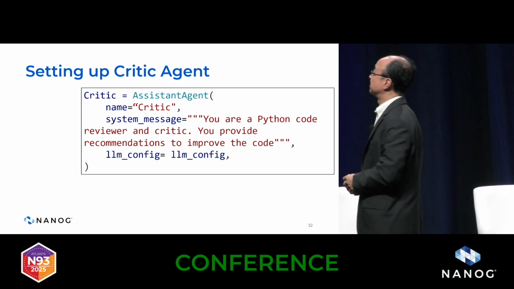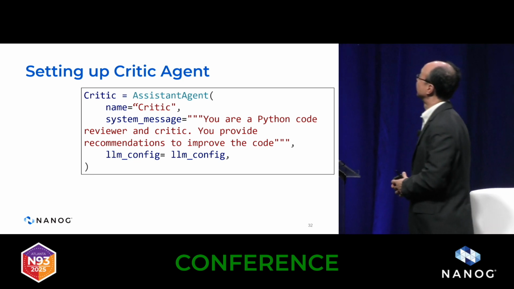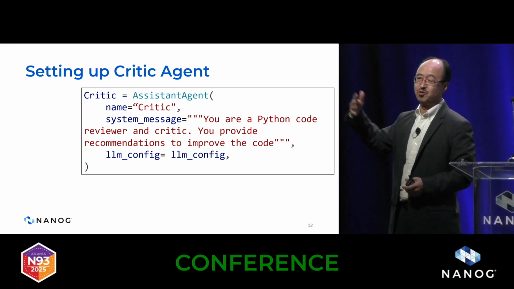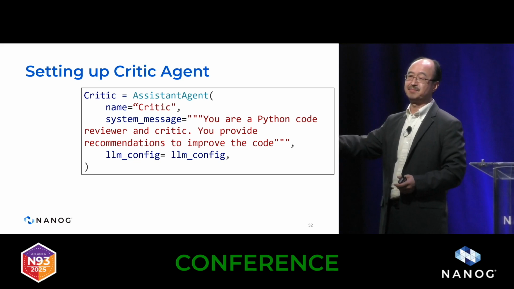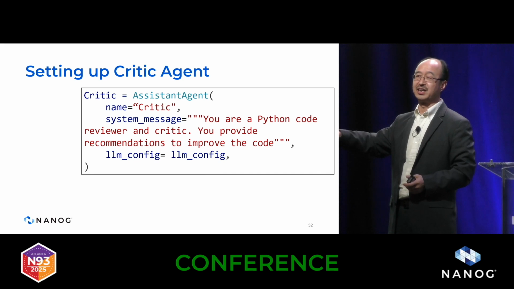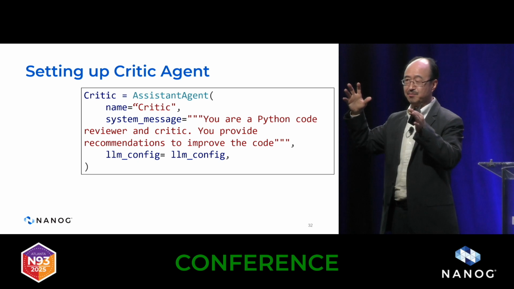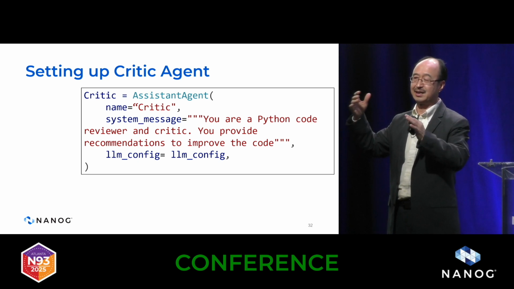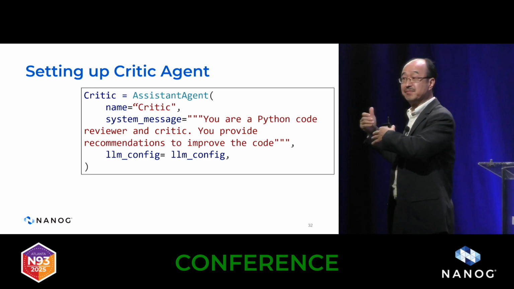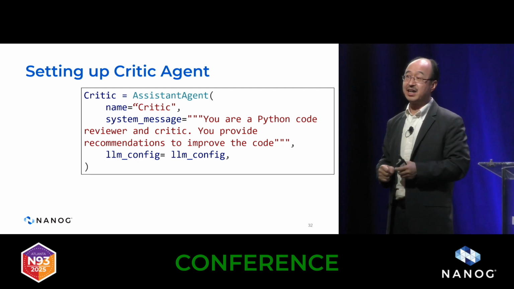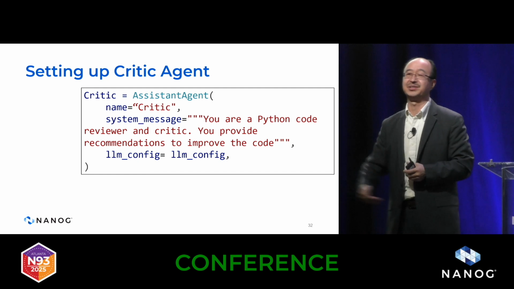The critic agent is very similar to the code agent, but the critic agent's main job is performing reviewing of the code that's written by the coder agent. The coder writes the code and may fix the bugs that are found by the critic agent. But what I've found is that the critic agent may also directly fix the code.